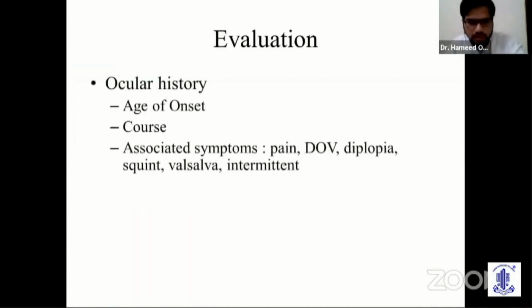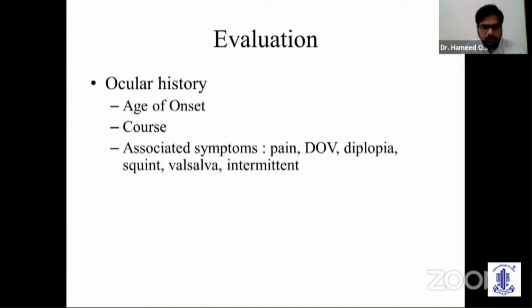So a complete and precise history is very important to come to a proper diagnosis. Most important is the age of onset of proptosis. For example, if the child is presenting with proptosis since birth, you need to consider congenital cystic eyeball, teratoma, or meningocele or encephalocele.